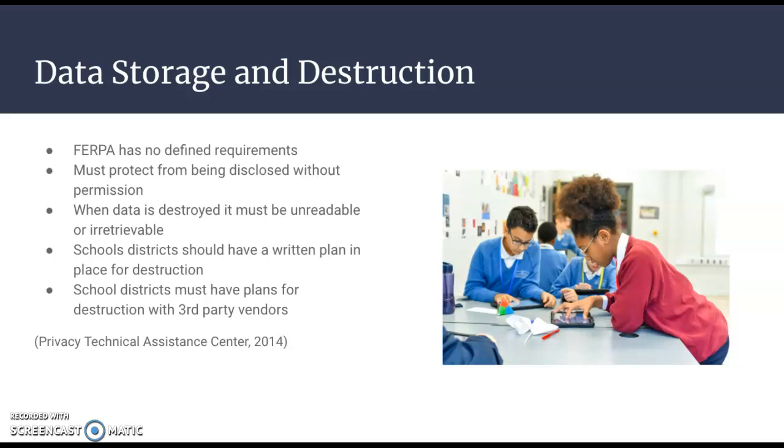We also need to make sure that when it is destroyed, it's unreadable and irretrievable. Unreadable means like if it's a paper copy, other people can't get access to it easily, and irretrievable means that we can't just click delete, we need to make sure that it is permanently deleted off of our database and out of all of our third-party vendors.